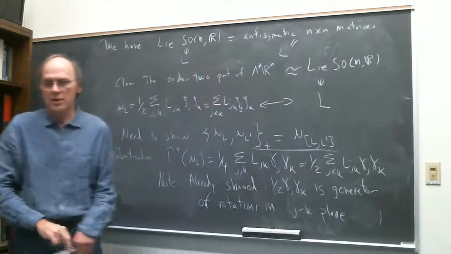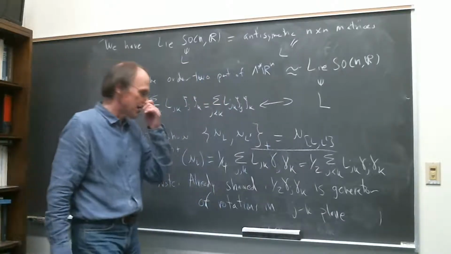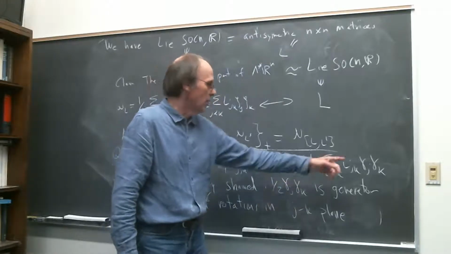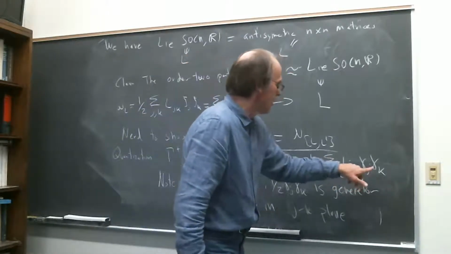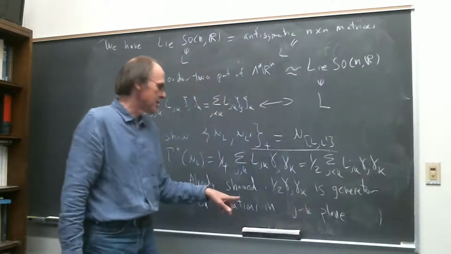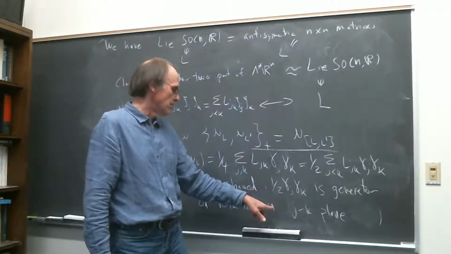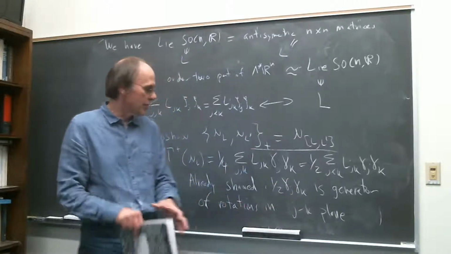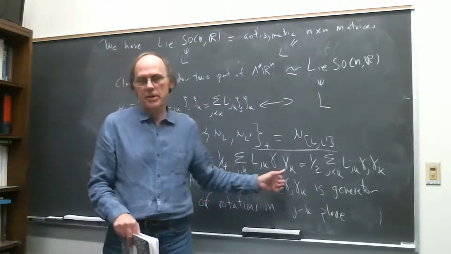Okay. And so what I mean very specifically about this is that if you look at what this guy does, if you exponentiate him, you're going to get an element of the spin group.